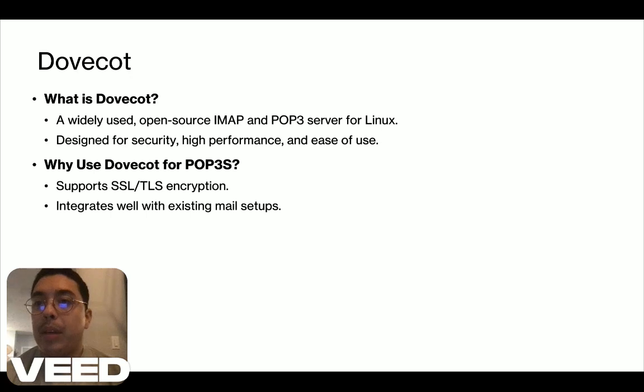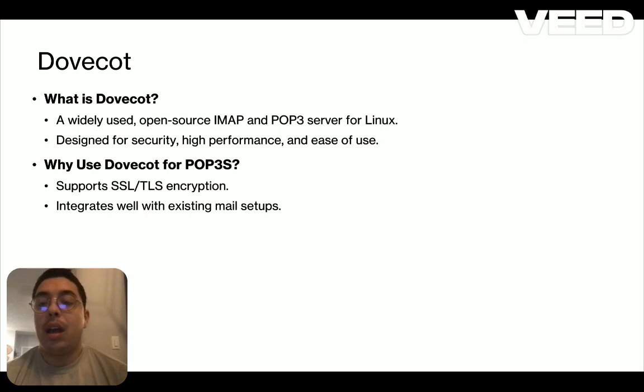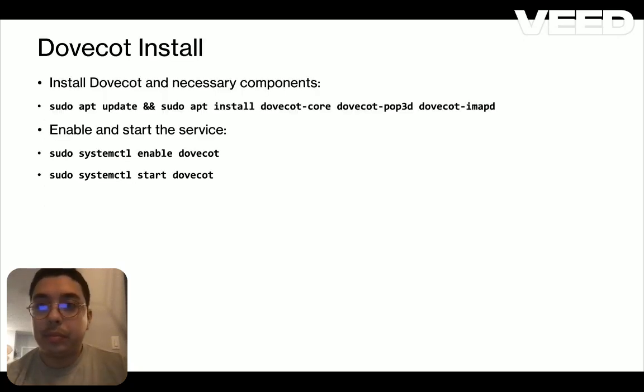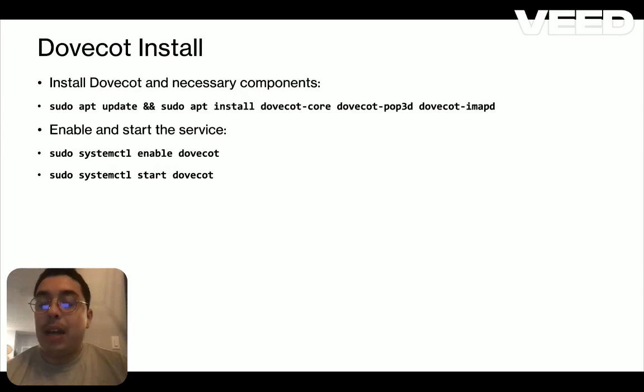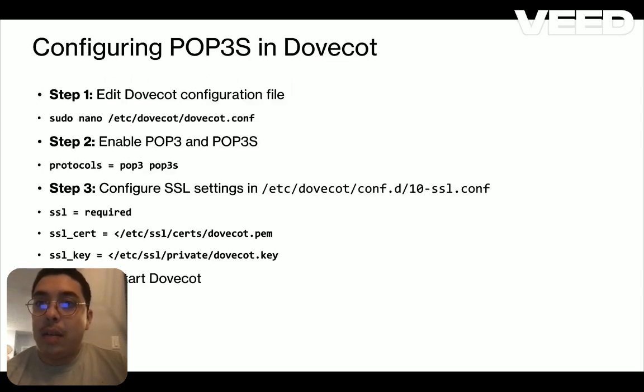Why do we use Dovecot for POP3S? It supports SSL/TLS encryption, and it integrates well with existing mail setups. These are some slides of how you can install Dovecot and configure POP3S in Dovecot.